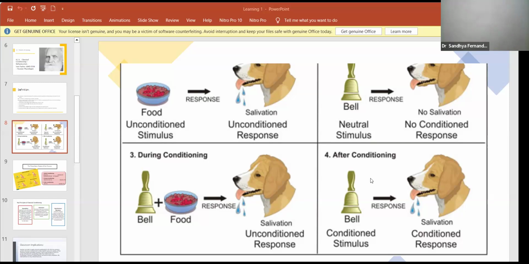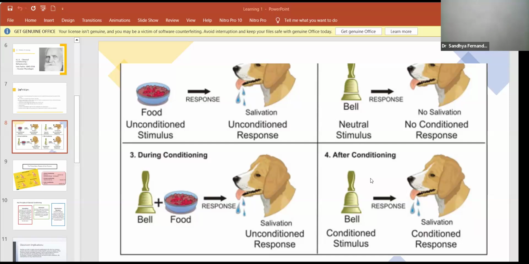What happened? The dog started to salivate just for the sound of the bell, even if the food is not there. Hearing the bell, the dog salivated. How did it happen? This is how it happened. So the dog salivating to the sound of the bell is the new learning. New learning is termed as conditioned stimulus and conditioned response.